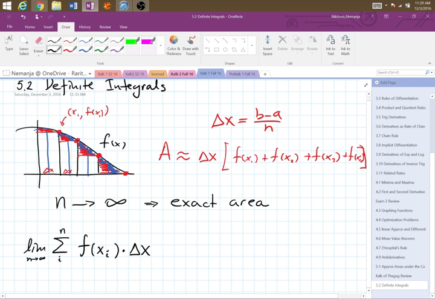We say that the height times the width is the area of a single rectangle. Then you add all of the rectangles you have and then you say, let me have infinite amount of rectangles so the area is exact. So the formula actually works from backwards if you want to understand what's going on.